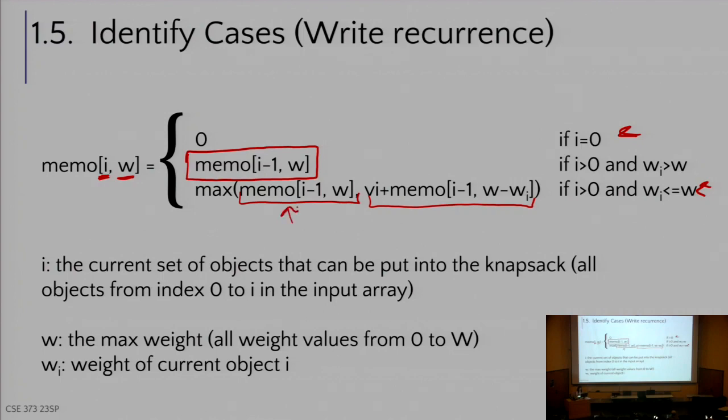This is the quantity without the current item, and this is the quantity with the current item, because we are using the value of the current item, and we are finding the max value of the weight minus the weight of the current object, since we are simulating actually putting it into the knapsack. Any questions?